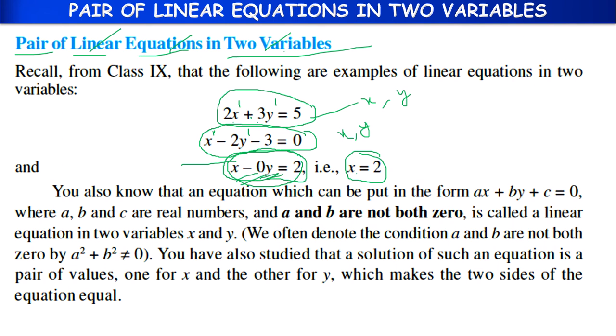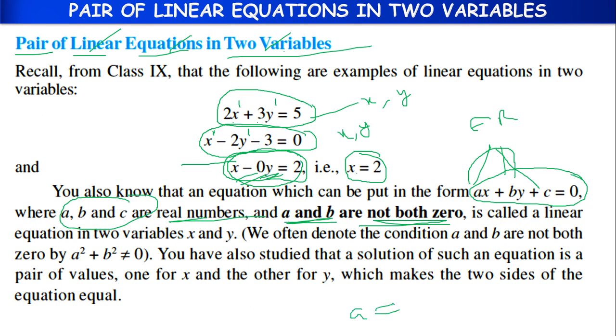Any equation which is in the form of ax plus by plus c equal to 0, where a, b, c are real numbers and a and b are not both 0. It means that a and b should not both be 0 at the same time.